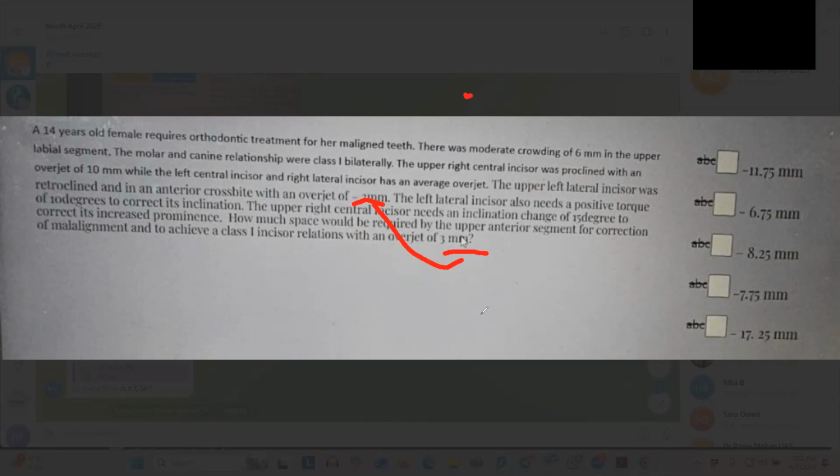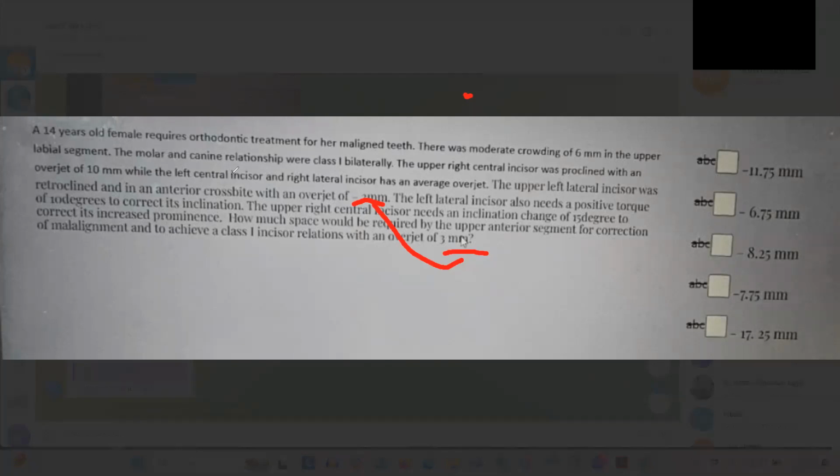So the rule of OJET for all the 4 incisors is 2 millimeter space for 1 millimeter OJET correction, right? So if it's 1 tooth, it's 0.5 millimeter space for 1 millimeter OJET correction. So for 5 millimeter, it's 2.5 millimeter space, right?